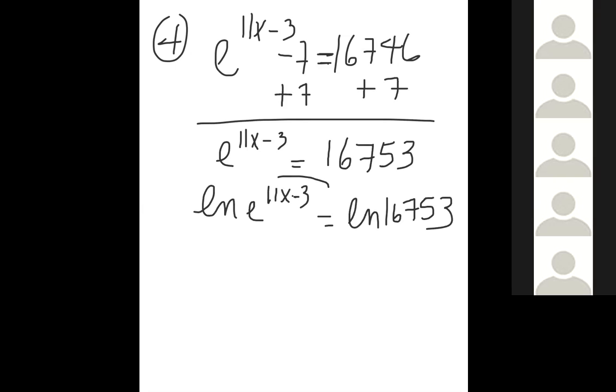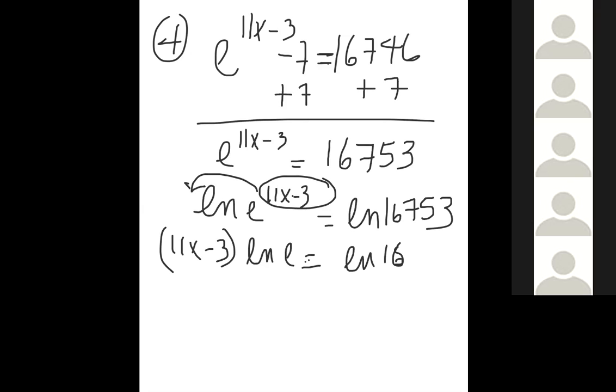Now this exponent becomes a coefficient: 11x minus 3 times natural log e is equal to natural log of 16,753. Obviously, natural log e cancels out, leaving you with 11x minus 3 equals the natural log of 16,753.